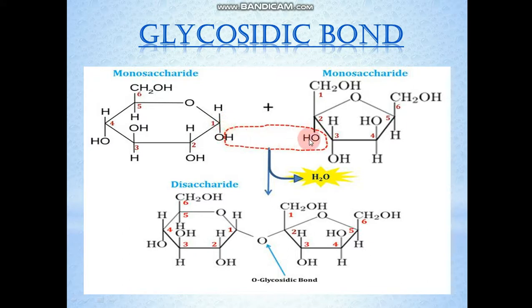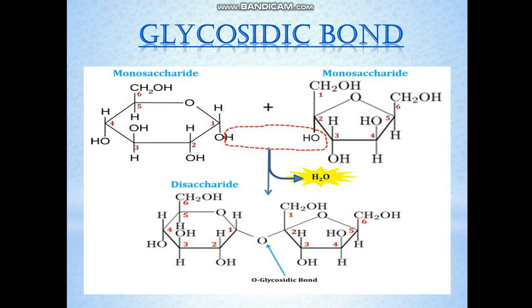Now this OH and H are removed in the form of water, so they lose a water molecule to form a bond between them, and this is called a glycosidic bond. A glycosidic bond is a bond formed by the removal of a water molecule and joins monosaccharides to form a disaccharide, and further linking gives a polysaccharide.